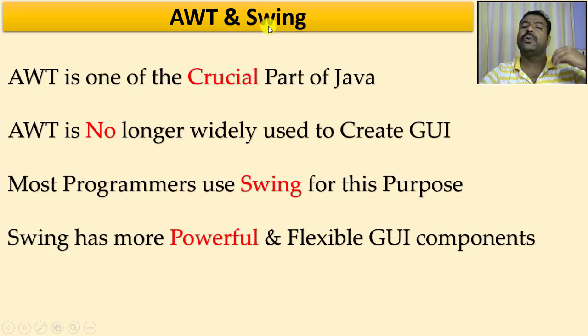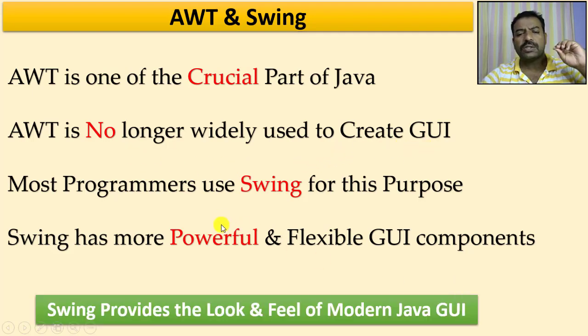And that is what we need to learn about Swing and its essentiality. Swing has more powerful and flexible GUI components compared to AWT. This is the one thing which has made Swing be used more widely than AWT whenever I want to create a GUI Java application.